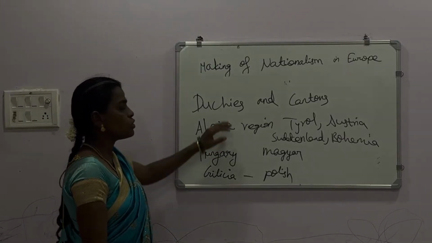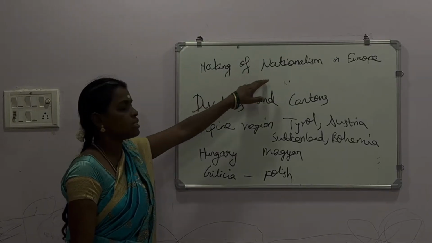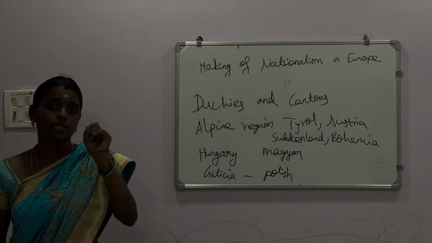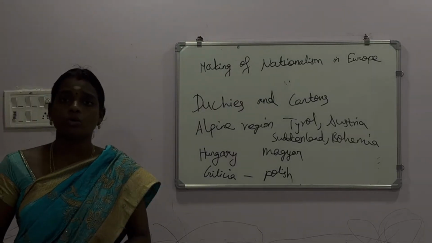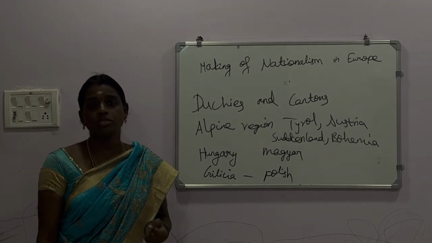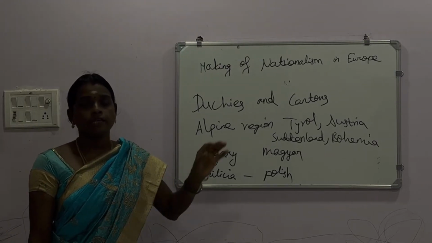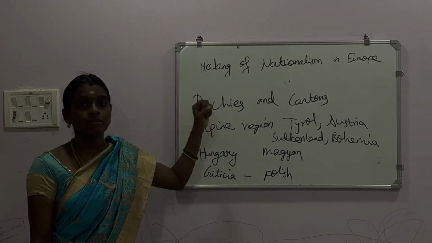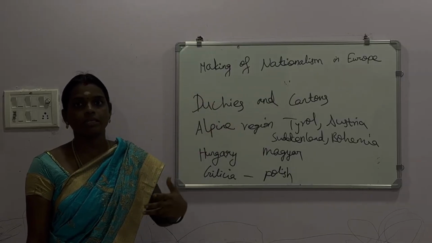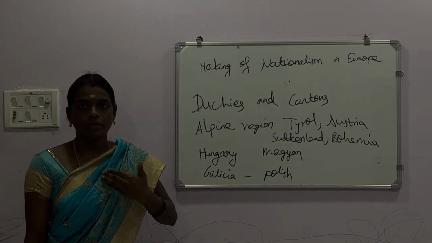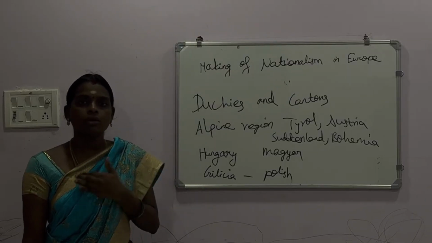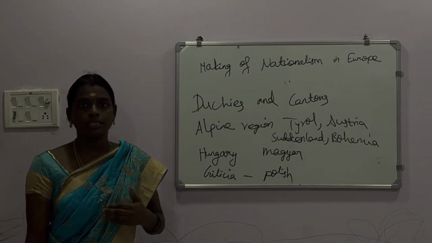So what are the points you have to remember under the making of nationalism in Europe? There were no nation states in the 18th century. Even Germany, Italy, Switzerland were not nation states. Then duchies and cantons administered their autonomous territories. Autonomy means they have their own territory that only they rule over. They allowed all kinds of languages and dialects.